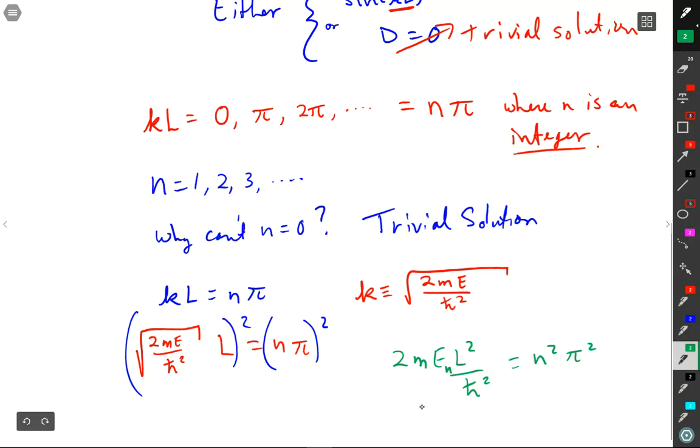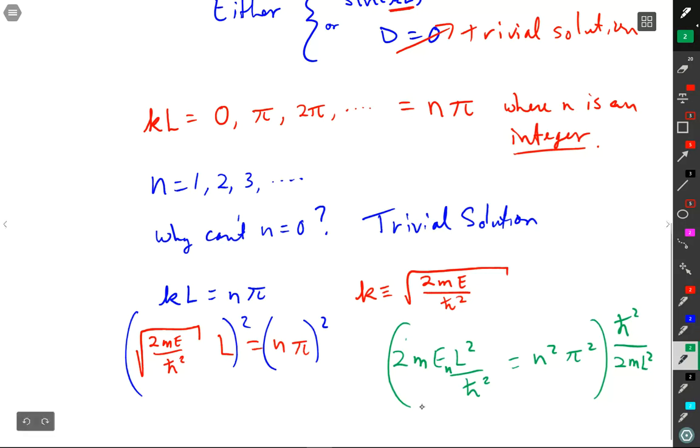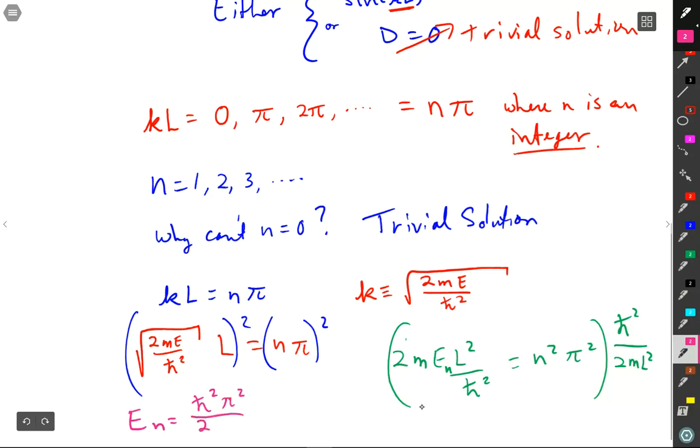So to get E by itself, I'm going to have to multiply both sides by h bar squared over 2ml squared. And what I end up with is, E sub n is equal to h bar squared pi squared over 2ml squared times n squared.